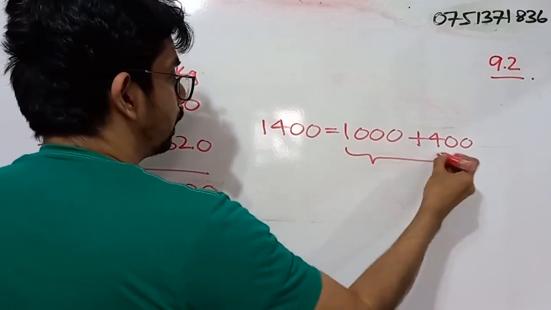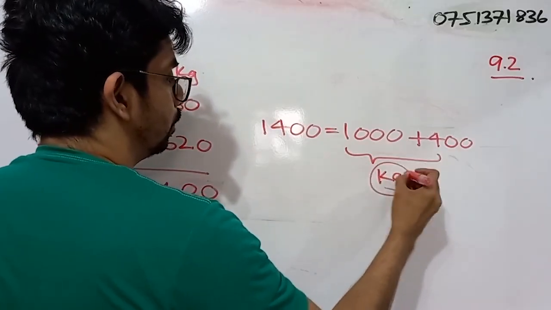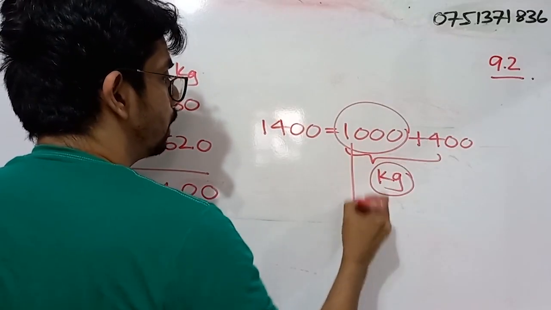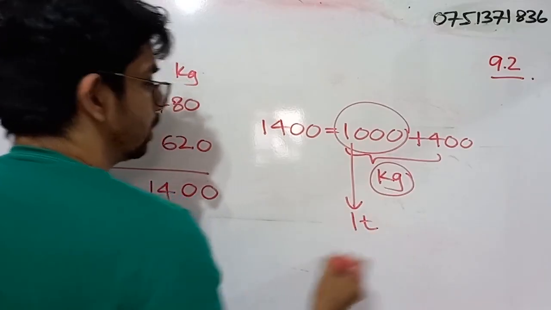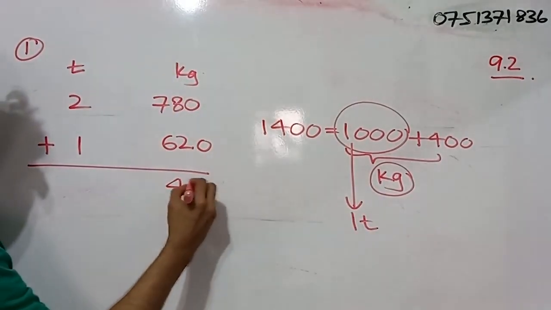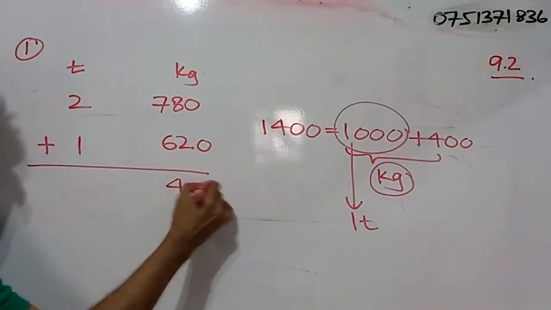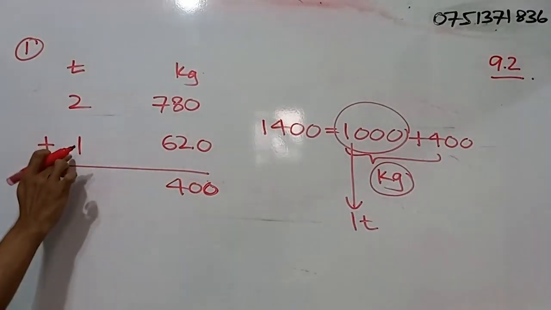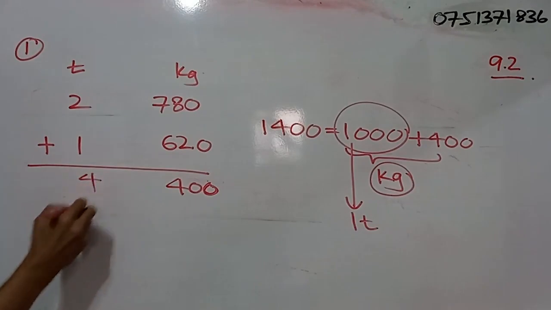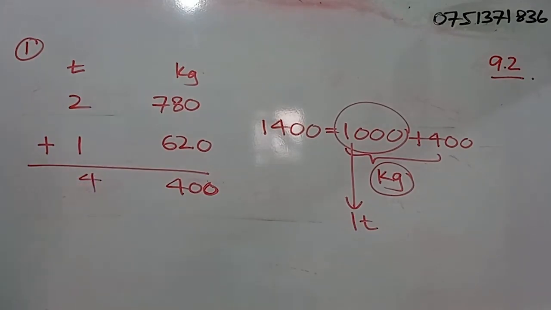So all of these are what? Kilograms. Then what do? We convert this 1000 kilograms into what? 1 ton. So here we have 400 kilograms. 2 plus 1, that is 3. Add the 1, it becomes a 4. So here the answer is 4 tons and 400 kilograms.